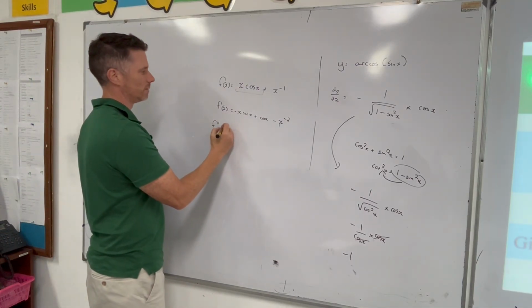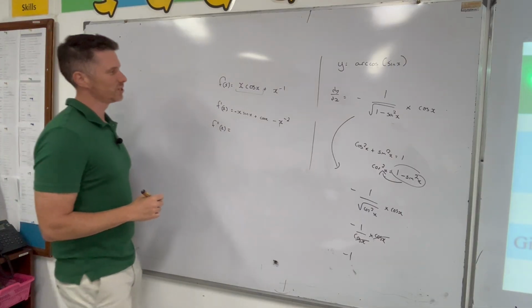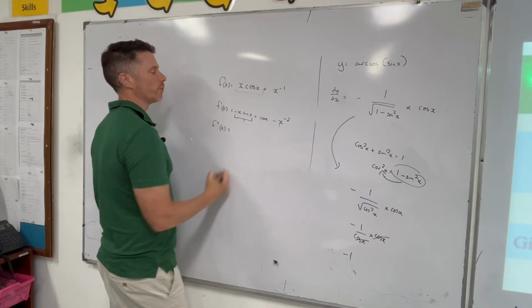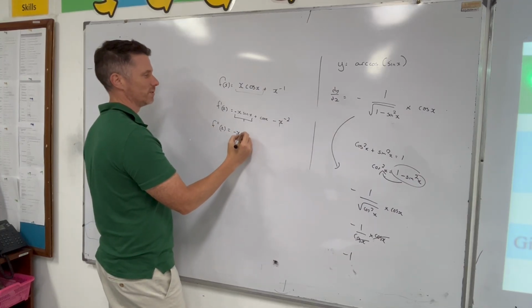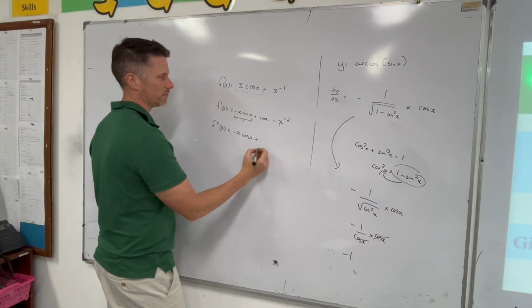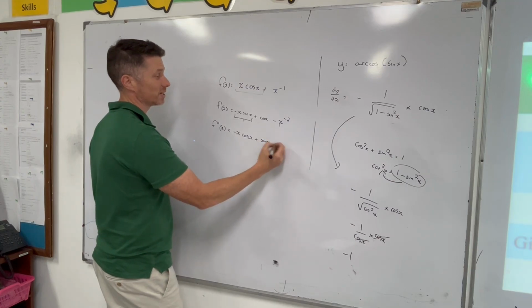Let's get the second derivative, the gradients of the gradients, the rate of change of the rate of change. All right, so we got to use what here? This one. Product rule again. First by derivative second plus second by derivative first. Sine x times -1.